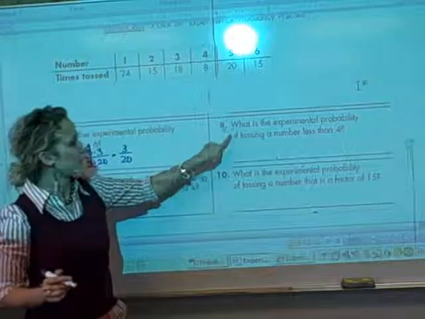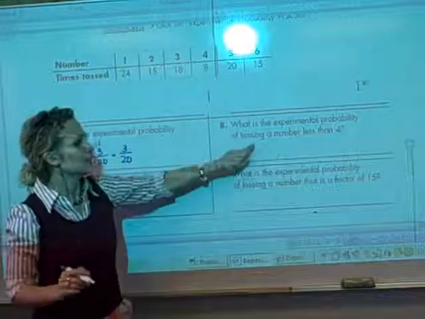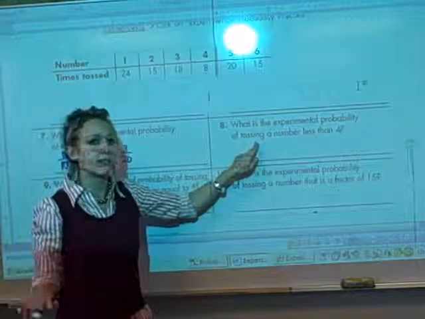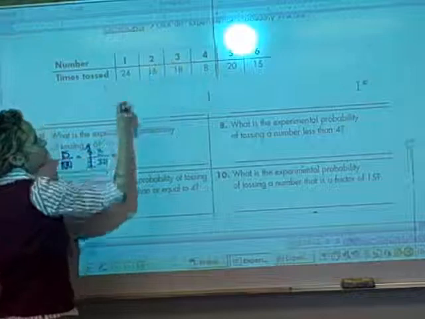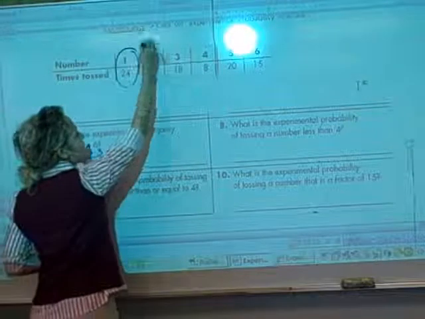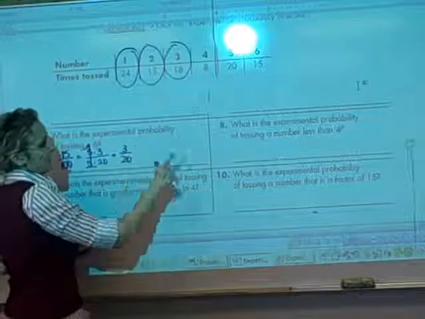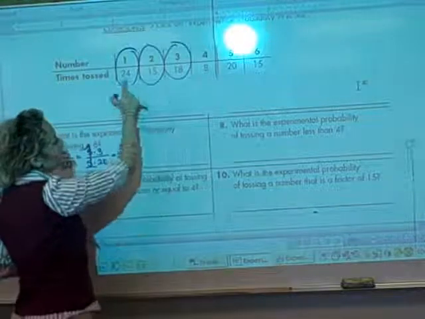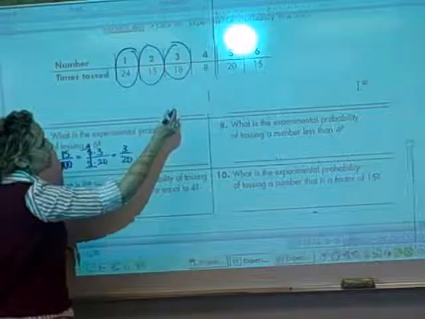What's the experimental probability of tossing a number less than 4? Okay, this doesn't say less than or equal to 4. It just says less than 4. So my numbers that are less than 4 are 3, 2, and 1. So these are the ones I'm going to look at. To find the experimental probability, I'm going to add these up. So I'm going to add 24 plus 15 plus 18.